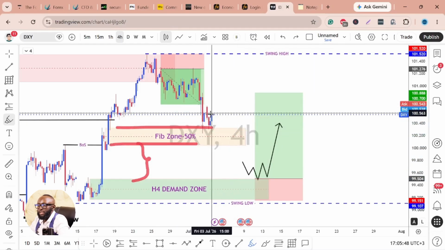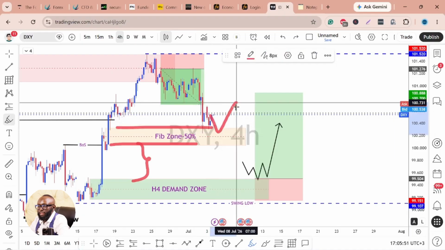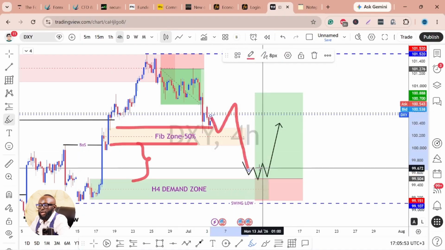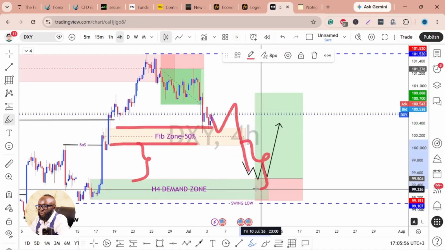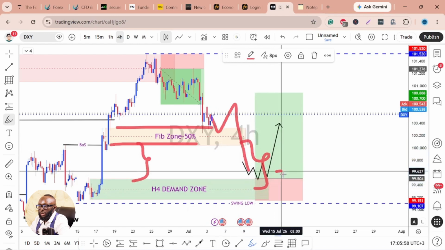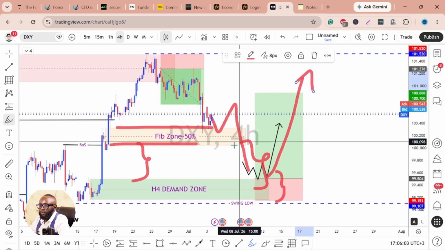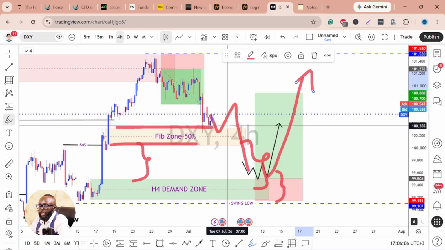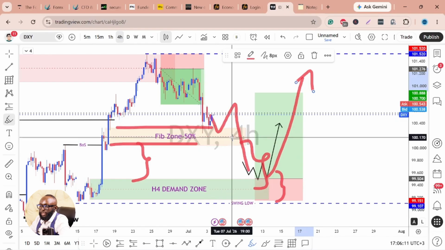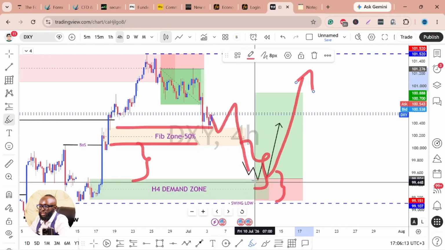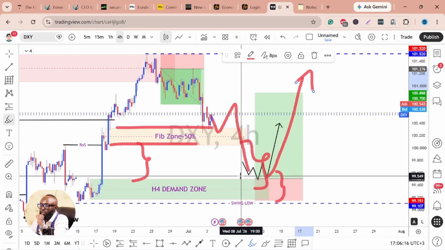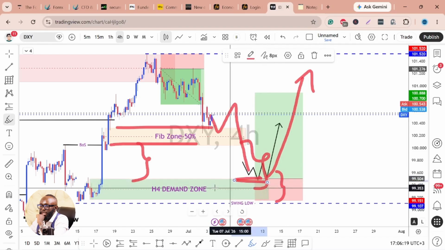Instead, I still expect a reaction maybe, and then the market to break this level before coming to these discounted zones where we have our 4-hour demand zone before we can get the push move higher. So for DXY, we will be staying keen to look at the reaction at the current level, and if we are able to push deeper, then I will be looking for buys on the DXY on these particular zones here.